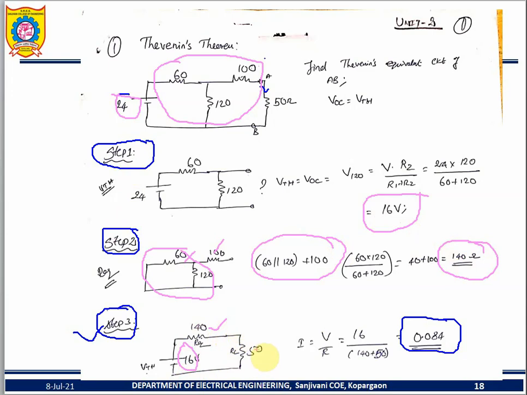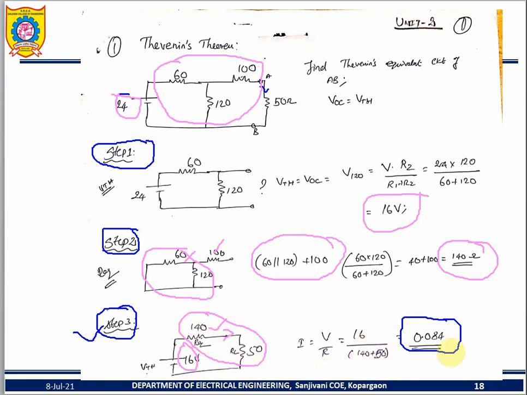What about load resistance? It is already there; AB is the load, and the 50 ohm is written at the load. Then you can find the flow of the current. I is equal to V by R. What is V? 16 divided by the 2 resistances connected in series, so 140 plus 50.